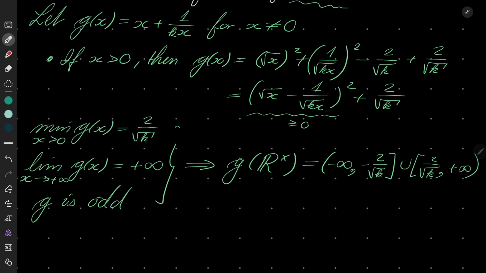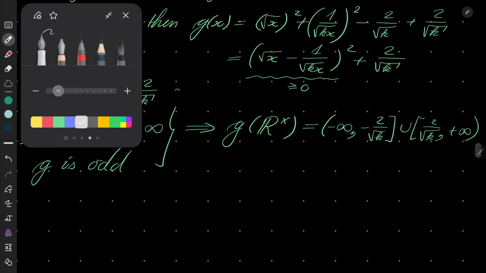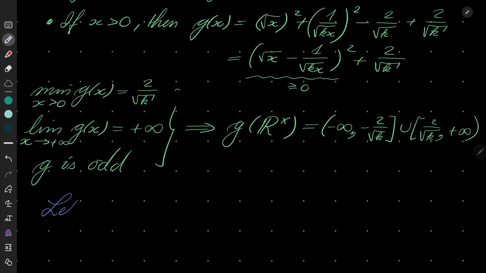And now let's do the following. Let, for example, z be any irrational number from this union of intervals.